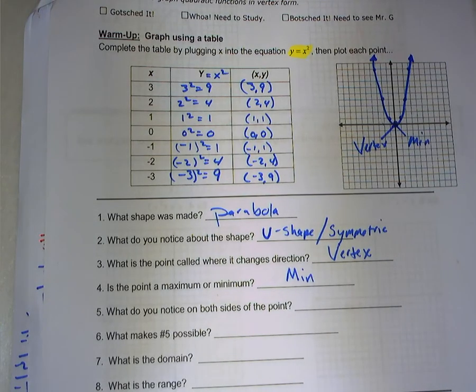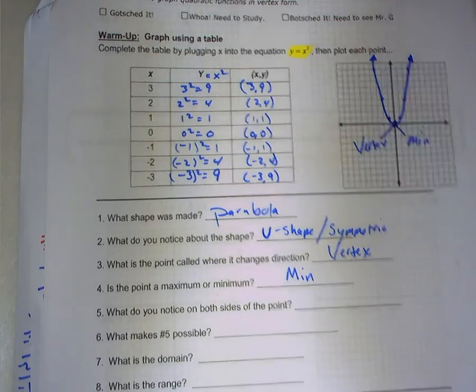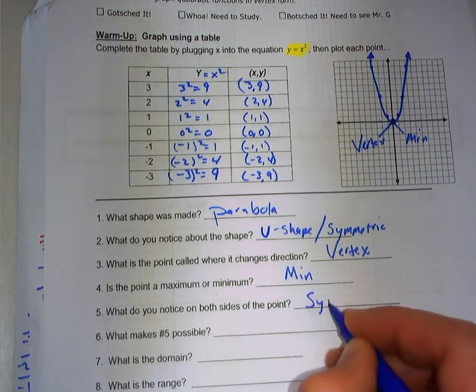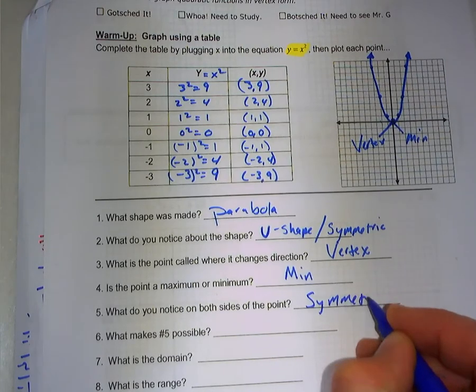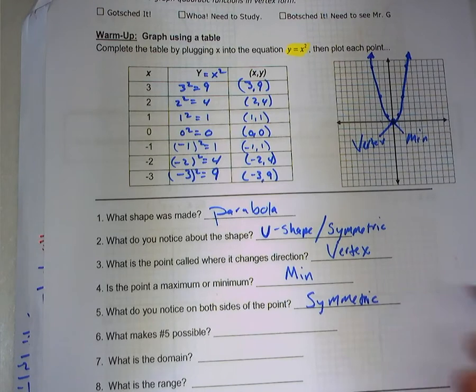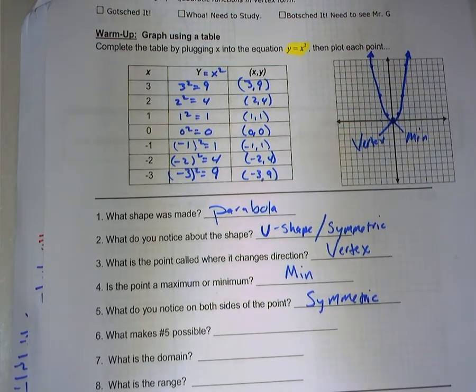Okay. So what do you notice on both sides of that point? So what do you guys notice? Yep. It's symmetric. It's same on both sides. So, what makes number 5 possible? How is it the same on both sides?